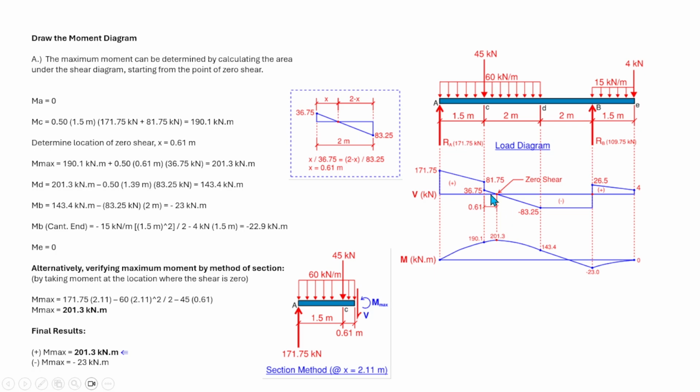If just in case there are many zero shear locations along the beam, by your own engineering judgment, you can determine which one gives the maximum moment, maybe by visual inspection. The heavier load gives you an idea of the location of maximum moment.